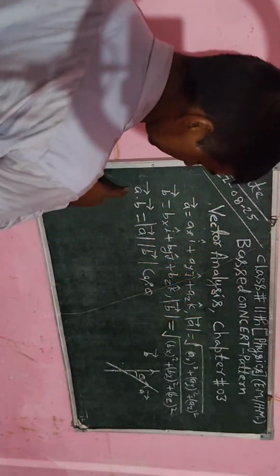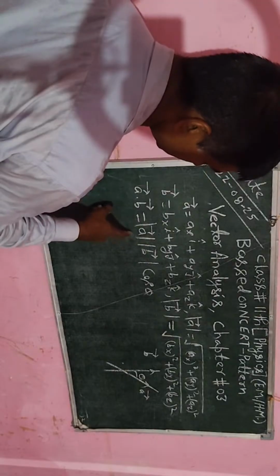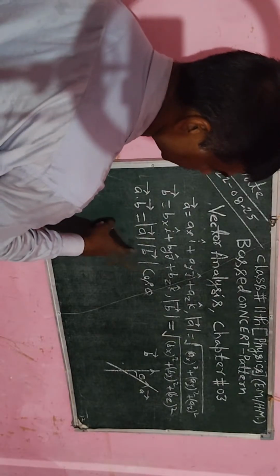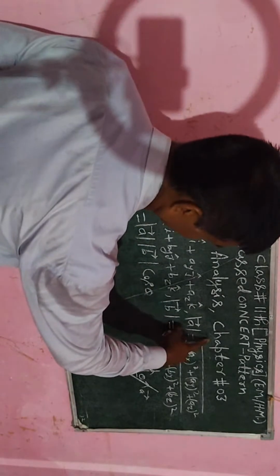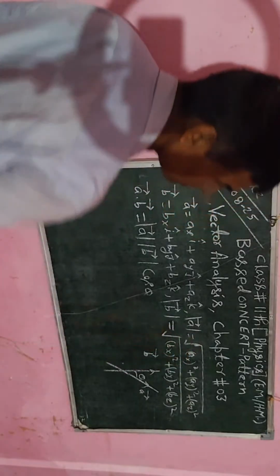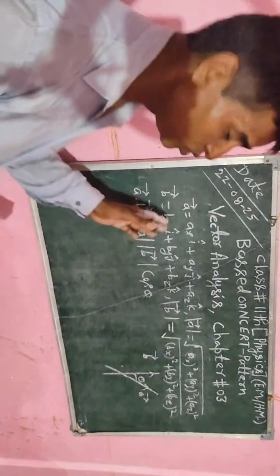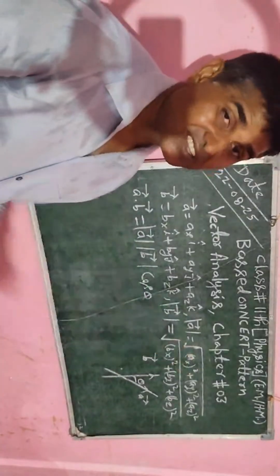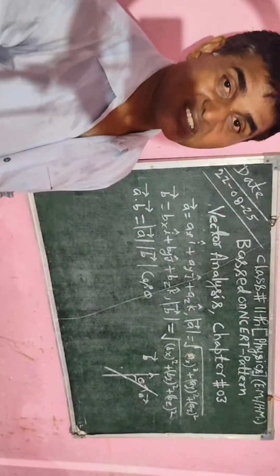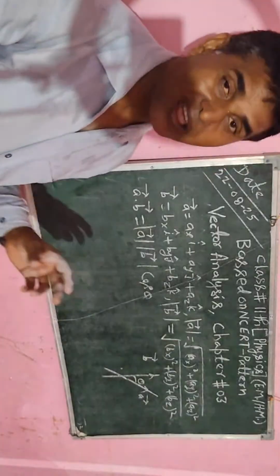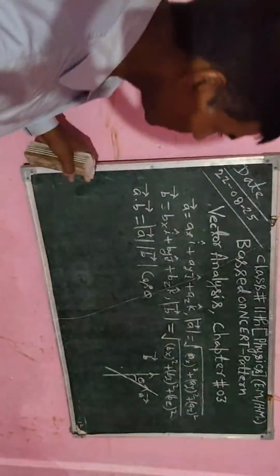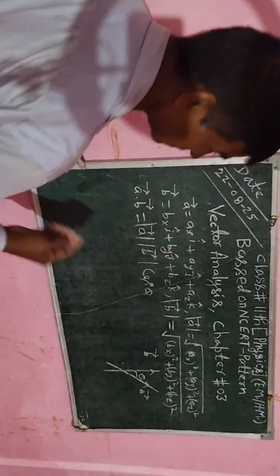So vector A dot vector B is equal to the magnitude of vector A and the magnitude of vector B. I have already completed this here in general form, and that will be in particular form. So I will use this concept, and then I will summarize it in a particular identity.